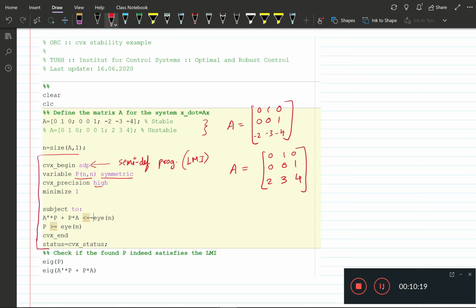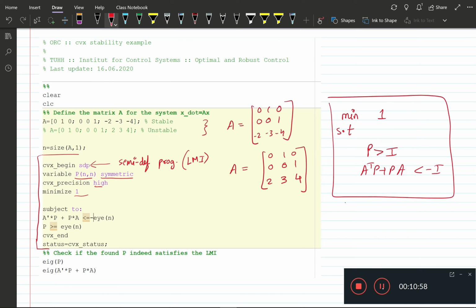You can define the CVX precision as high, medium or low, and I will not go into the details of this, but this governs the stopping criterion for the optimization. And now because we don't have anything to minimize, we are solving basically this problem. So minimize 1 subject to the existence of a matrix P greater than identity such that PA is less than minus identity.